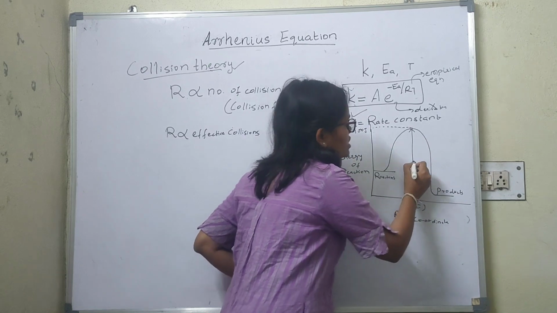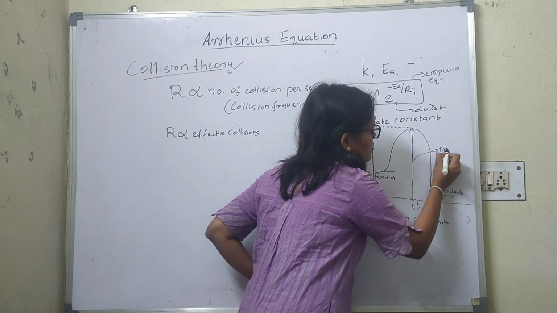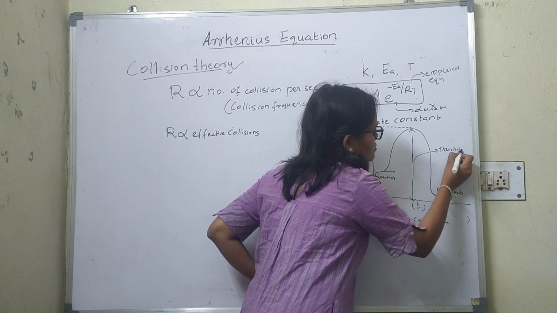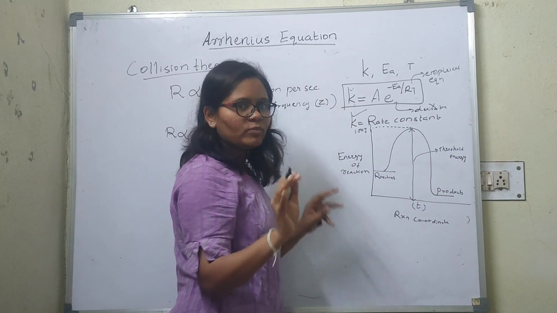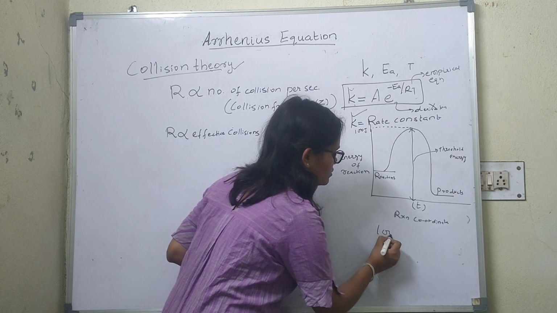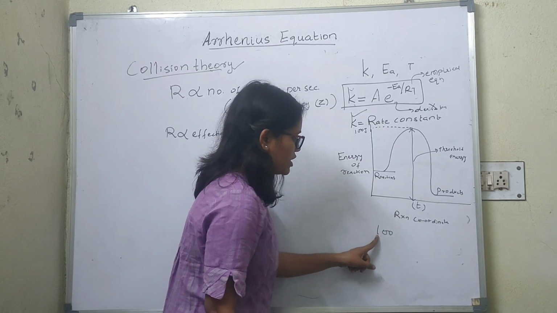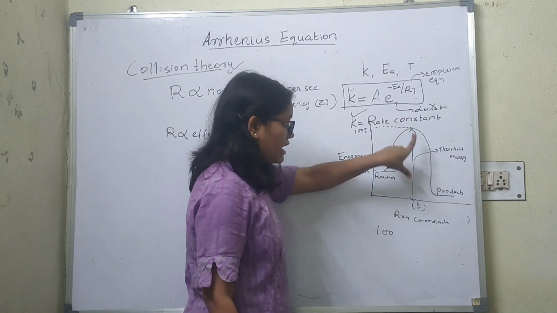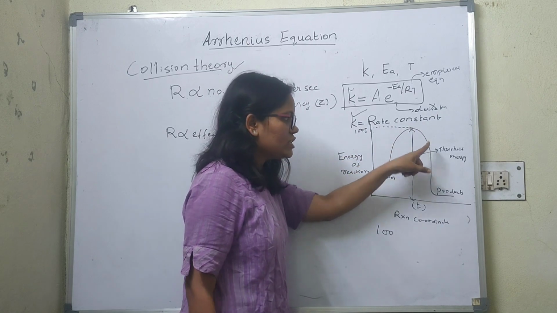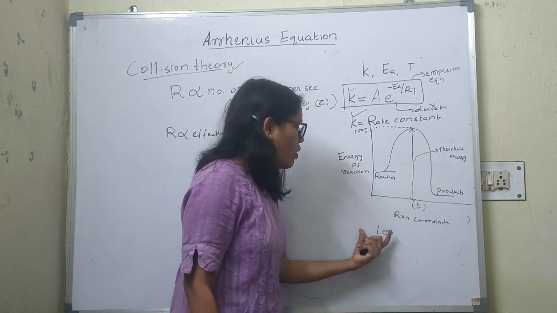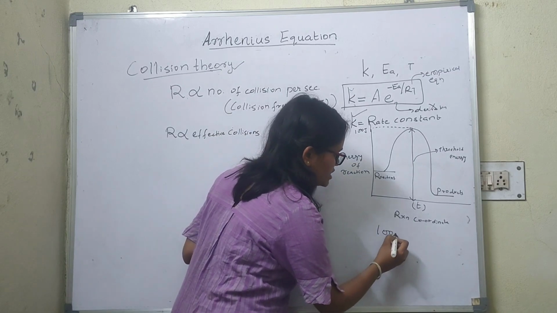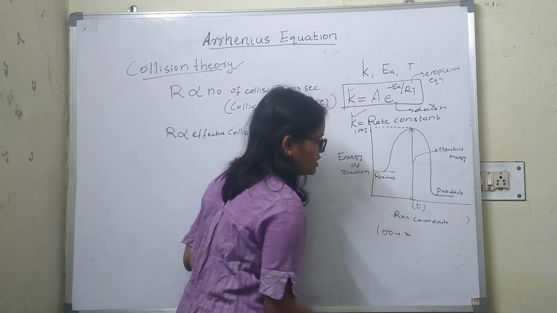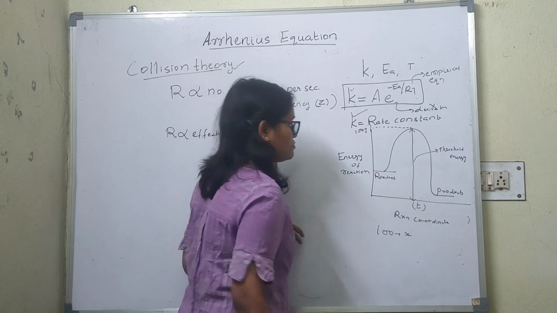Okay, so this is threshold energy. So if there are 100 reactant molecules, and out of them the molecules that have this threshold energy while collision only will give you products. All the 100 molecules will not give you product. Okay, so there will be, say, some X molecules out of 100 which will give you product.